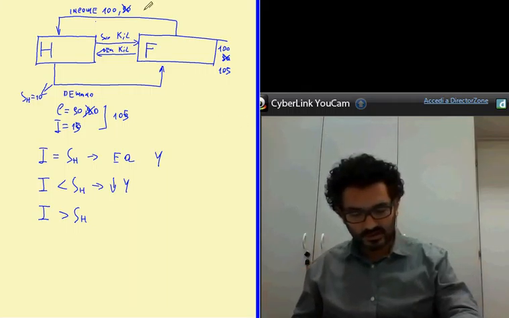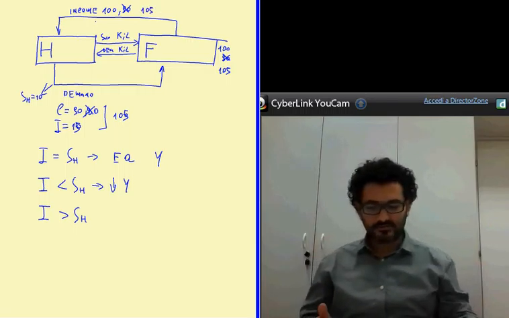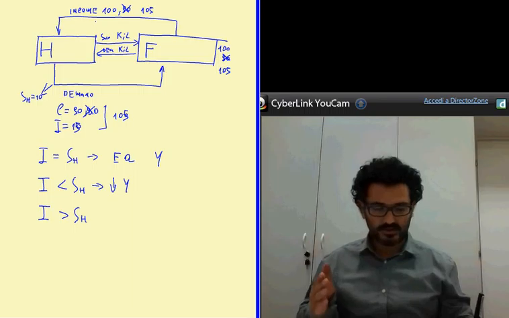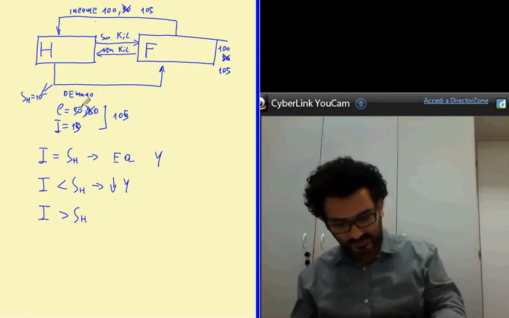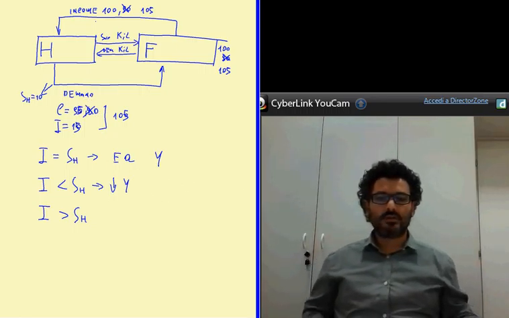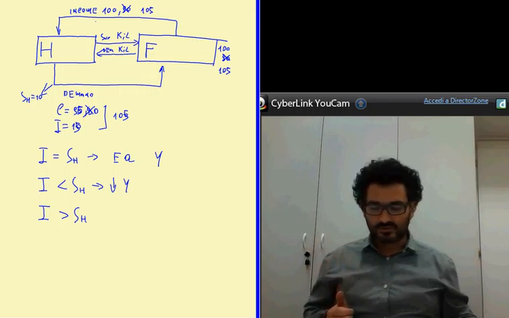So the income to households will be equal to 105. If they continue to save 10, consumption will be equal to 95 because the income is 105.